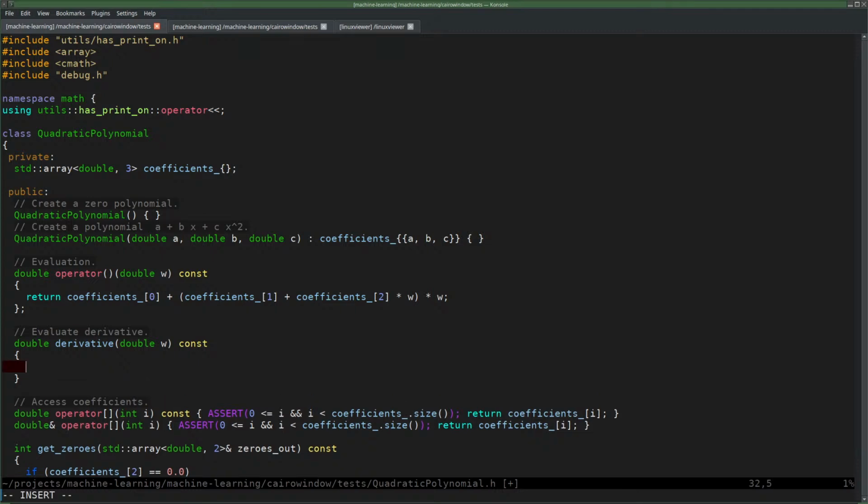And then we have return the derivative. Yeah, that's going to be this plus 2 times that.